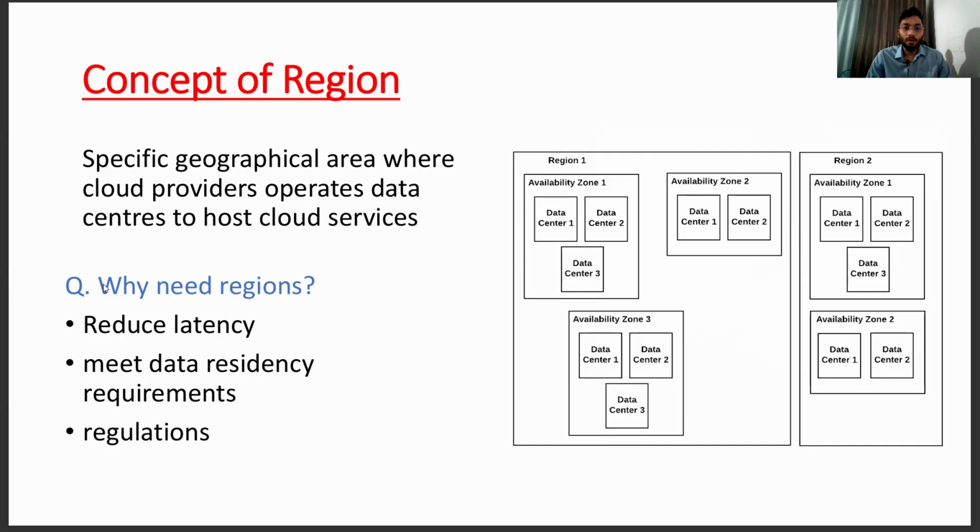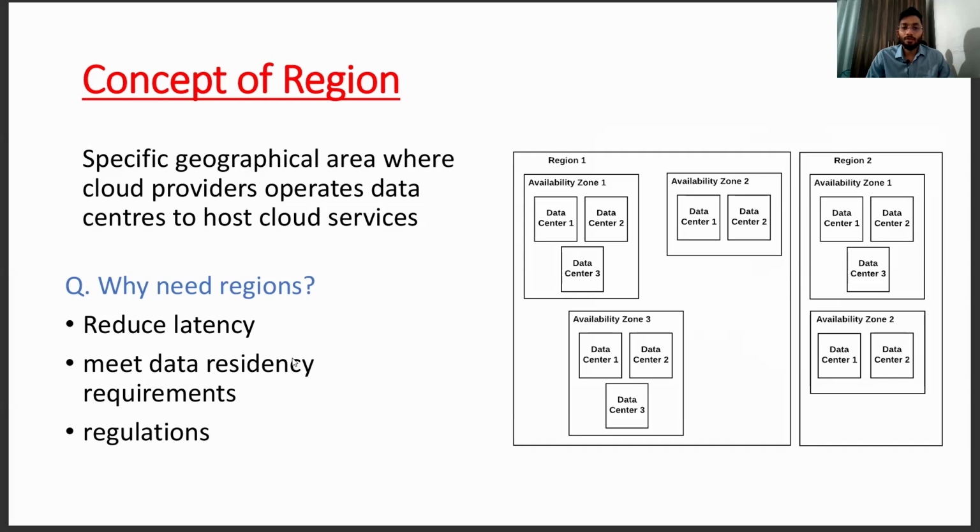The question might come that we just have to store the file and process it, but we could do it from anywhere. Why do we actually decide from where we need to keep the data? And why do we need regions? So, the first reason for having this is to reduce network latency.